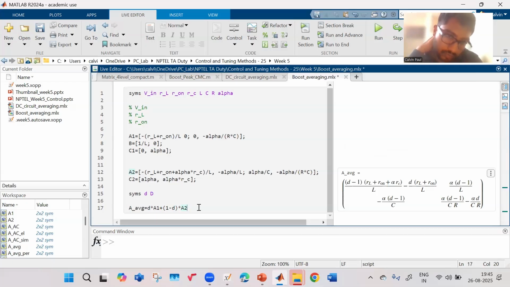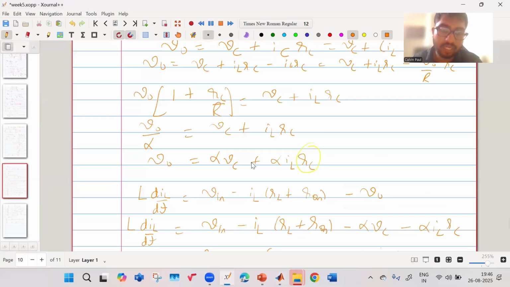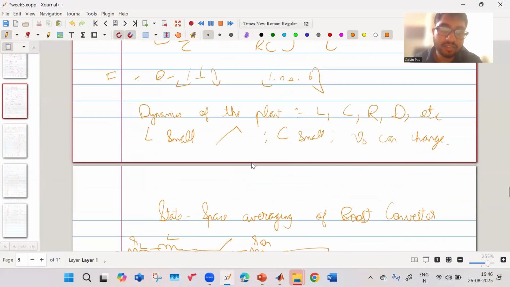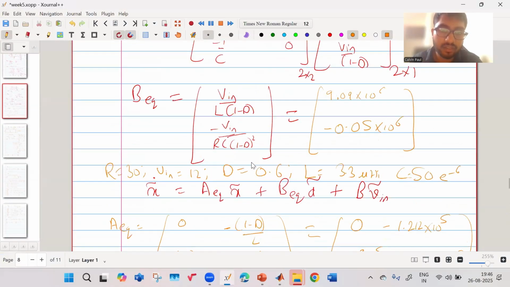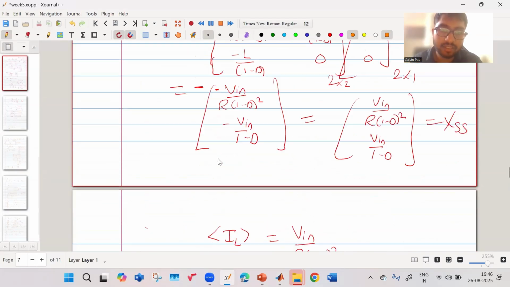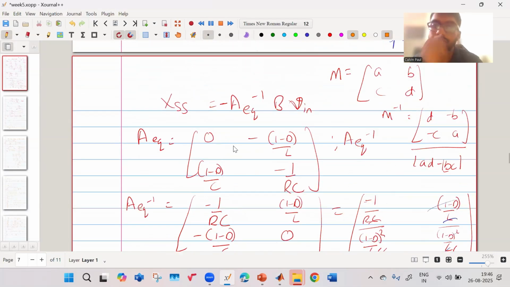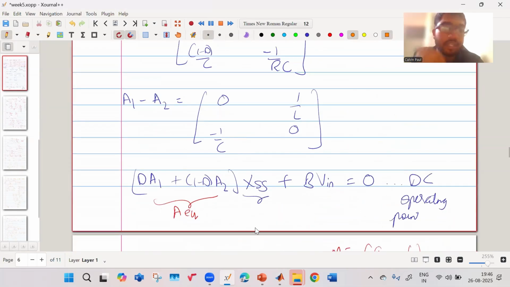So now, we have done some math. In our math, what we had seen is our A equivalent is actually D into A1 plus 1 minus D into A2.